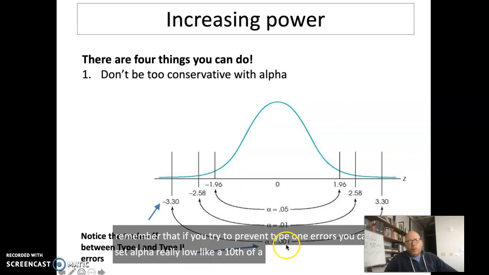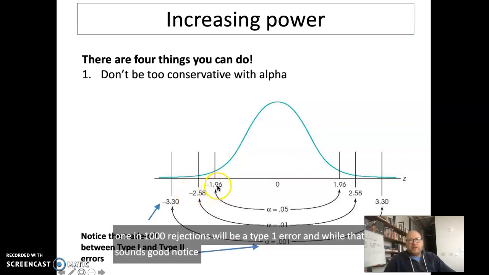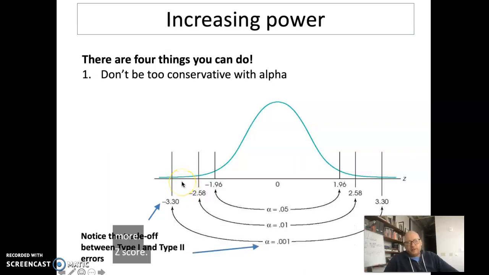It means only 1 in 1,000 rejections will be a type 1 error. And while that sounds good, notice that it requires over 50% more z-score to reject the null hypothesis. So you don't want to be too conservative with alpha.